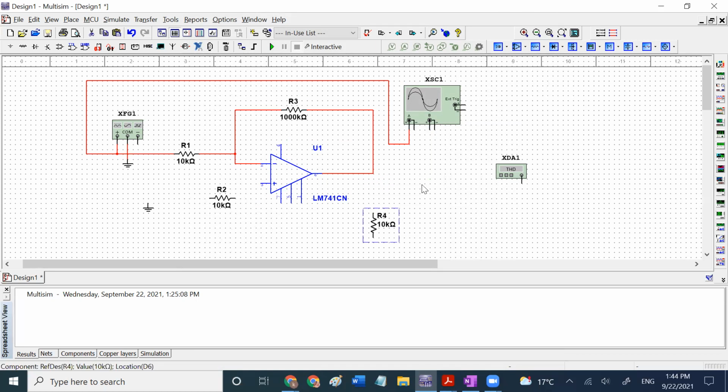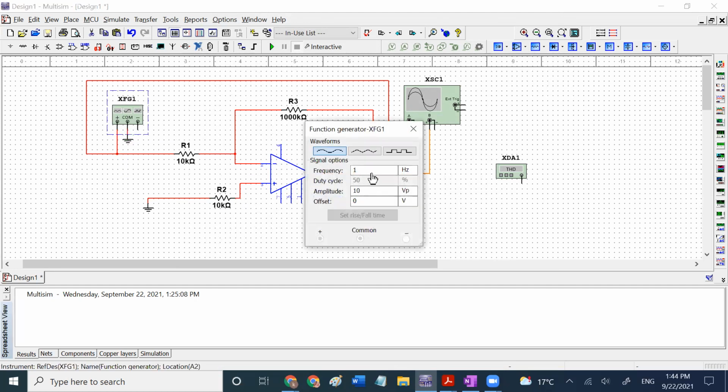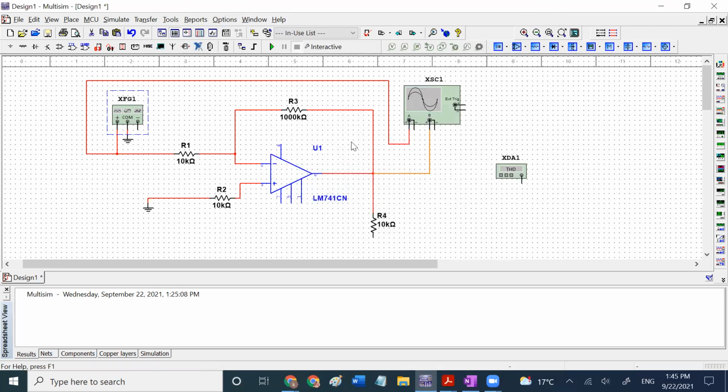I just try to make it look better, but it doesn't really matter. Our load is 10K. And for the input, we're checking 100 millivolts peak, and the frequency will be settled later.